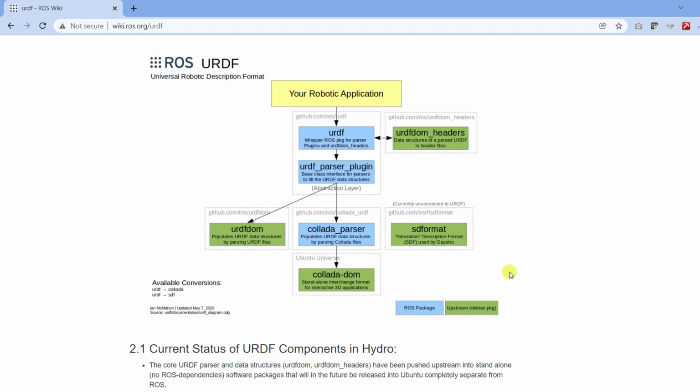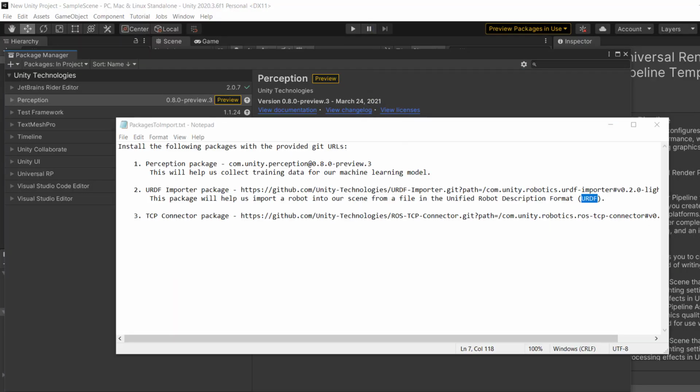The whole description of our robot, which means its appearance, its dynamics, the plugins, and the ability to do specific things in our environment, is defined in an XML file that describes what each robot can do.